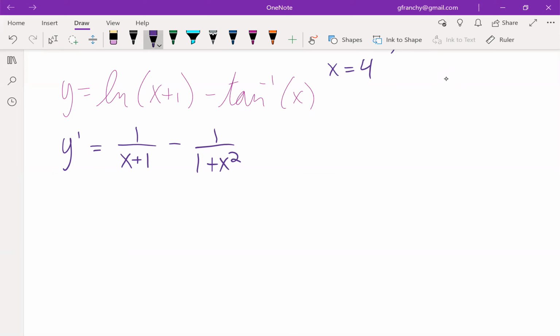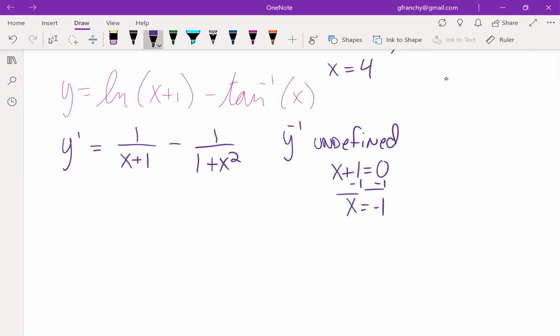Sorry, I had to think about that for a moment. And in order to go ahead and see, we've got to see two things. We've got to see where our derivative is undefined, and that's going to be where x plus 1 equals 0.